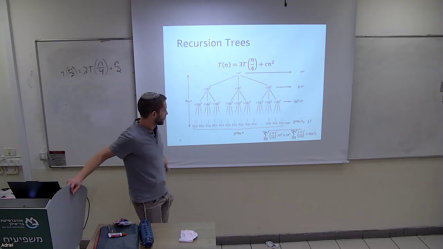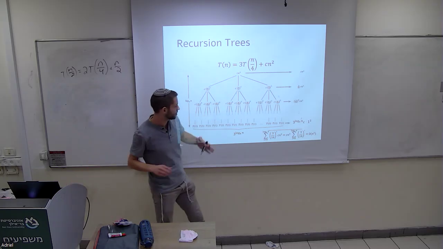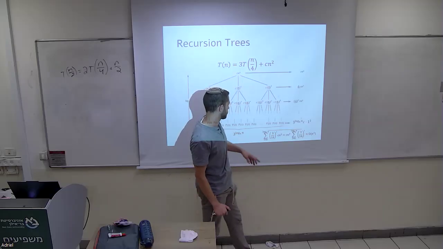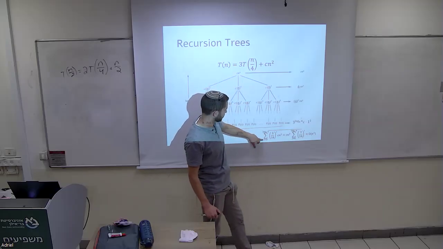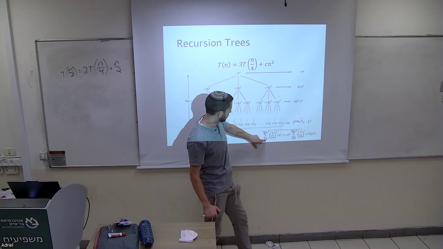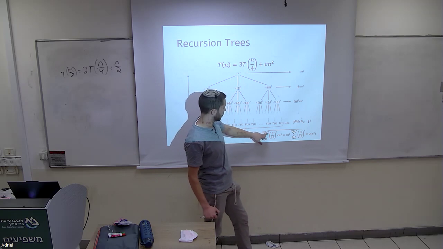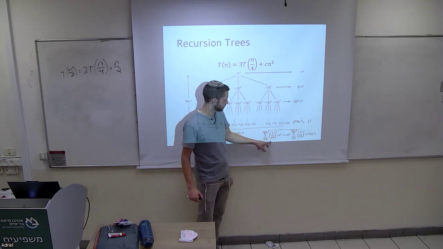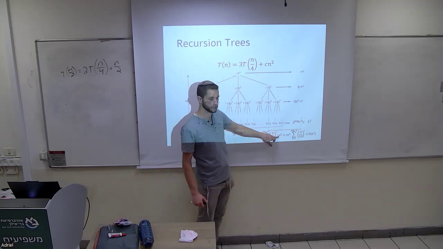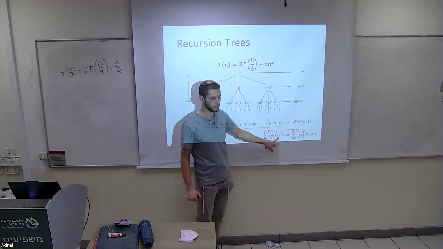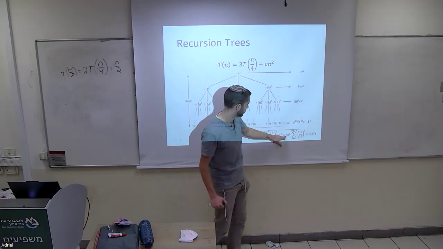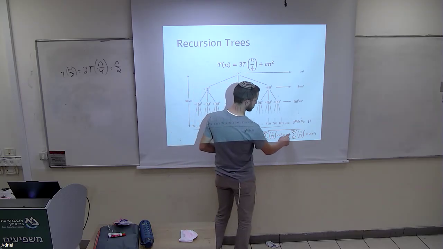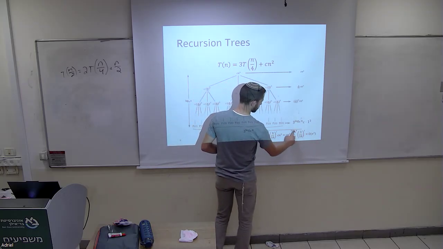So you have to sum up each level of T of n, right? Equals c n squared, sum from i equals 0 to log base 4 of n, because those are our levels. And each time we're taking this to the power of i. So at level 1, it's just going to be c n squared. We're going to take c n squared out of our equation, c n squared times our same thing.